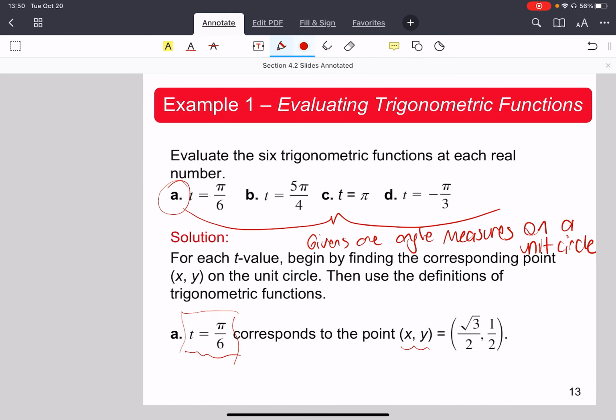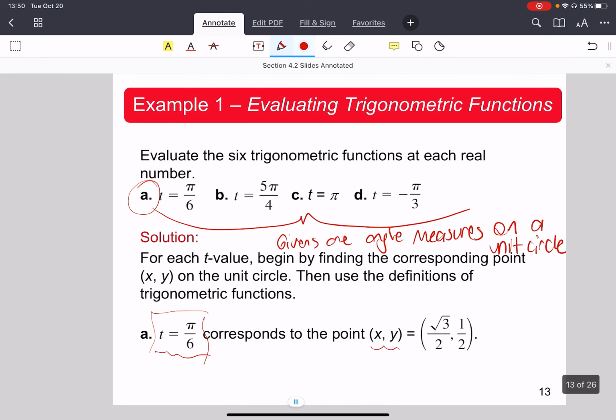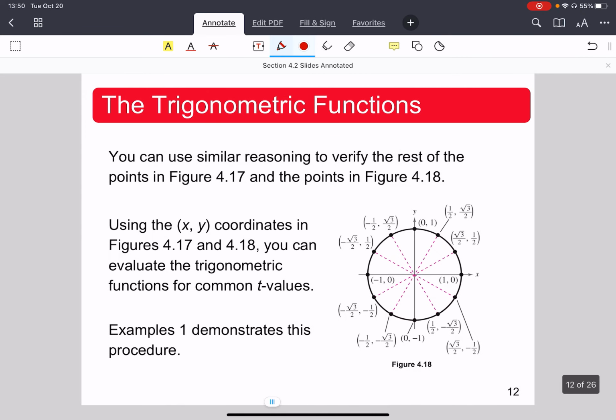We're going to go back to the unit circle, and then I'm going to find pi over 6 on this unit circle. We know that pi over 6 is half of pi over 3, or in other words, it's one of the pieces of the whole thing, because 360 degrees, or let me use radians, 2 pi divided by 12 is each of my pieces, which happens to be pi over 6.